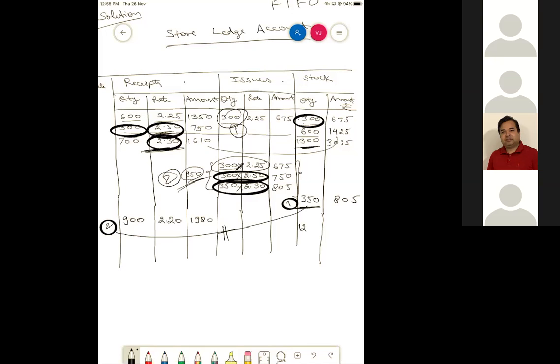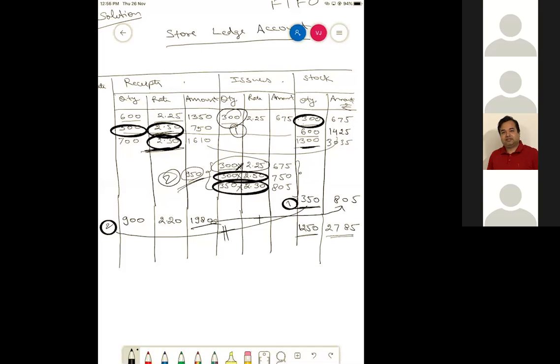So you write down 1250, and the amount, you add up the amount, this one and this one, 2785. Very good. So this is our amount and this is our unit. This one is your quantity and this one is your amount.